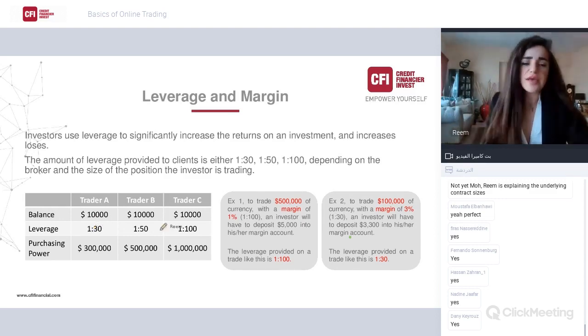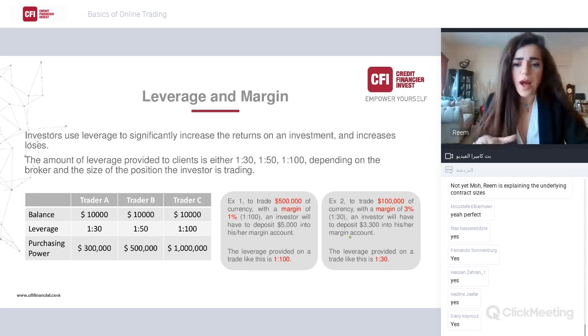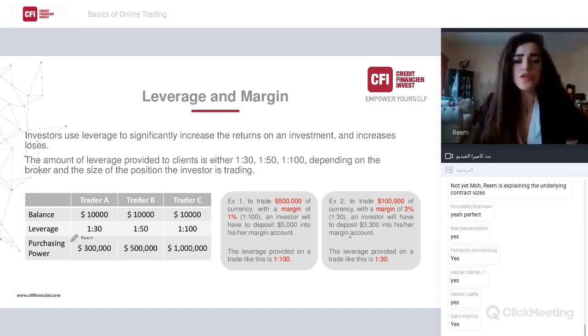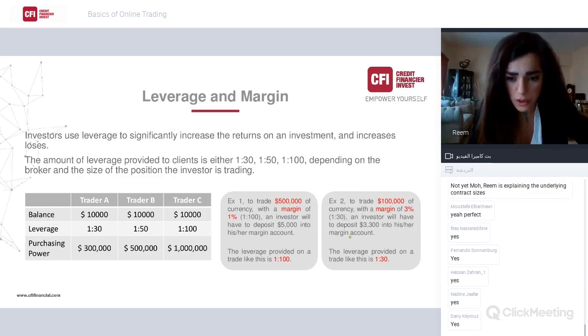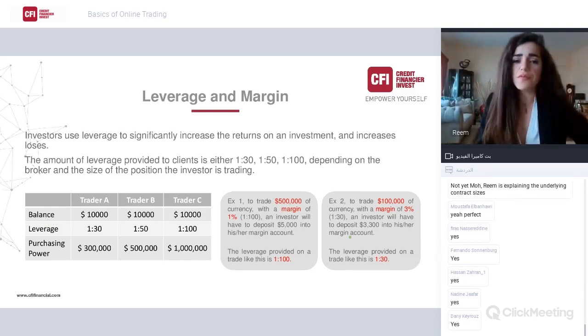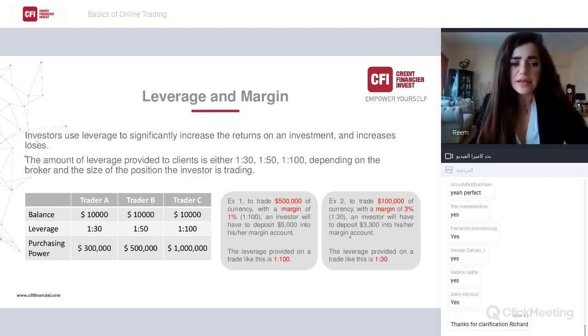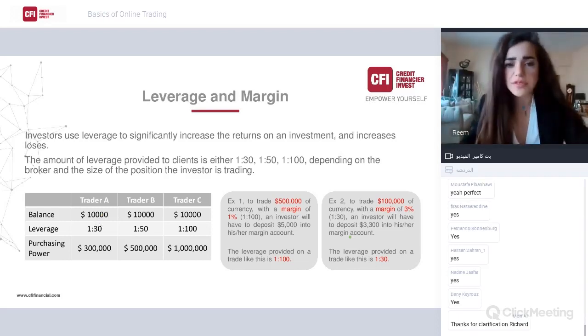So let's say today, going back to the example, I have $10,000. I want to start trading online with $10,000 in my account. I decided with my company that I want a leverage of 1 to 30. This means that for every dollar I'm investing, I am getting 30 times power over that dollar.